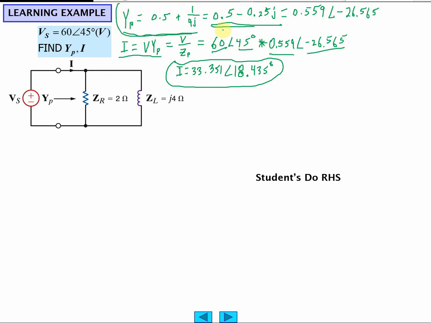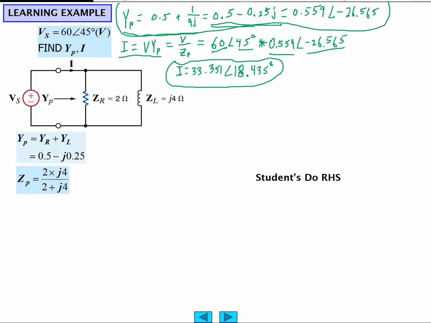So we've got YP and we've got the current. So let's see what the book says. They say the same thing I did. They calculated ZP, which I don't think is necessary.